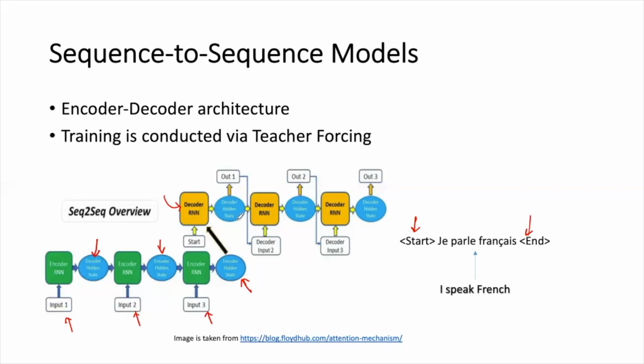We start out with that, and the initialization here is done with the help of the encoder hidden state. In the first timestep, a decoder hidden state is generated with the help of the decoder RNN. Once this is generated, we use it to generate our first output word. Once again, this is not exactly an output word. We typically get a probability distribution here. The decoder hidden state is used to generate a probability distribution over the entire output vocabulary.